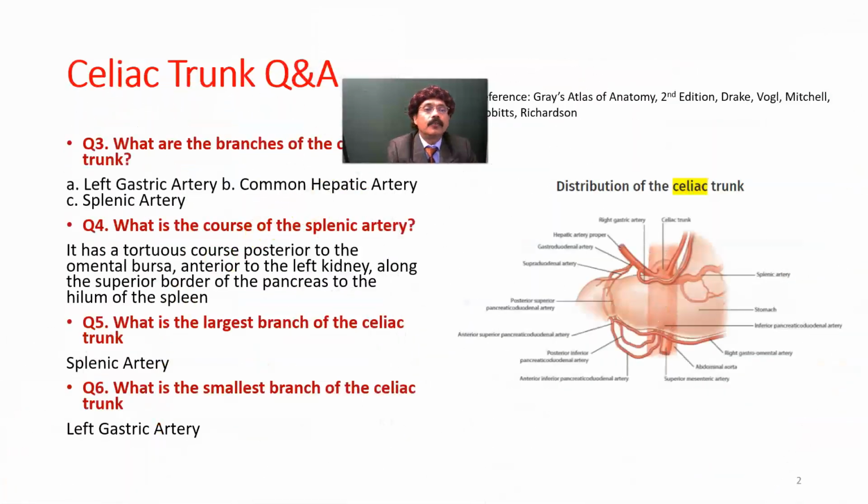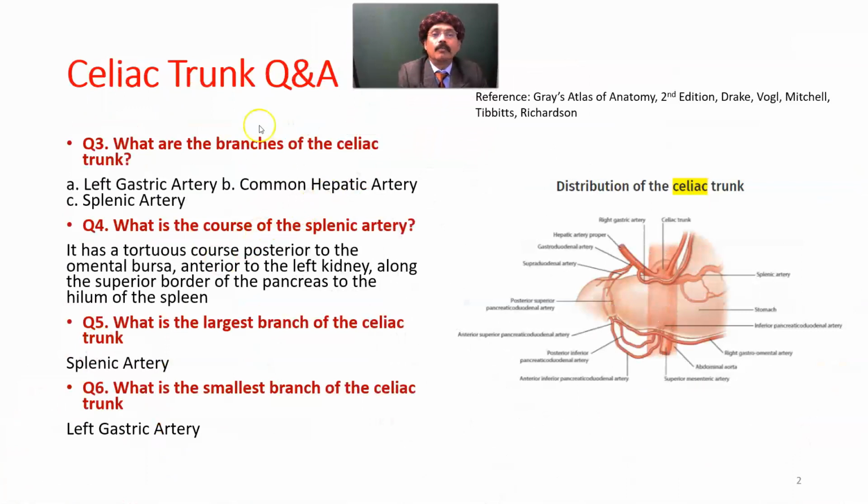Okay, so what are the branches of the celiac trunk? We've already discussed the left gastric artery, common hepatic artery, and splenic artery. So this is the splenic artery here, this is the common hepatic artery, and this is the left gastric artery.